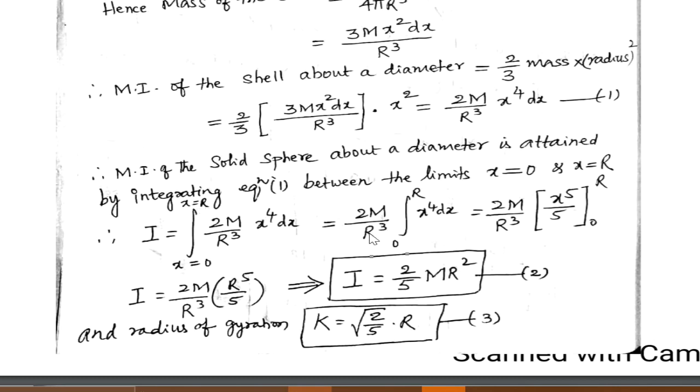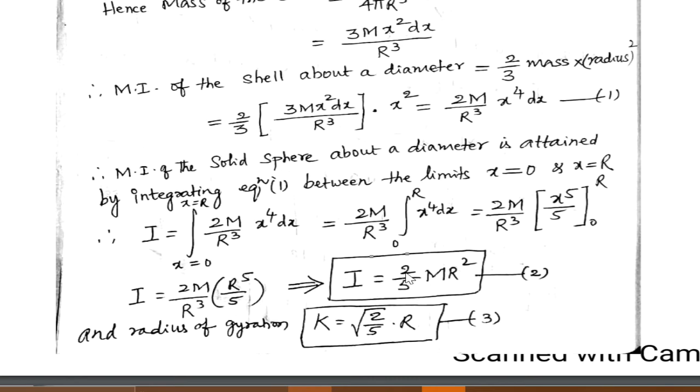Take out 2m by r cube as a common factor. The remaining term is x to the power 4 into dx. Integrate between the limits 0 to r. It is 2m by r cube into x to the power 5 divided by 5 between the limits 0 and r. Take this 5 outside and then put the limits. You will get I is equal to 2m by r cube into r to the power 5 divided by 5.